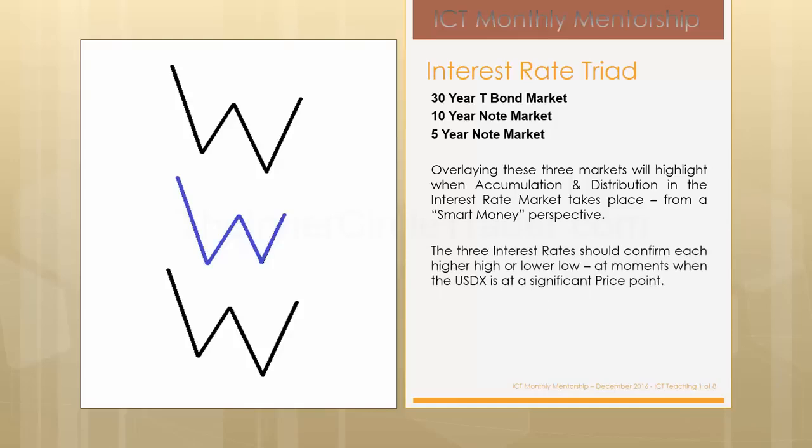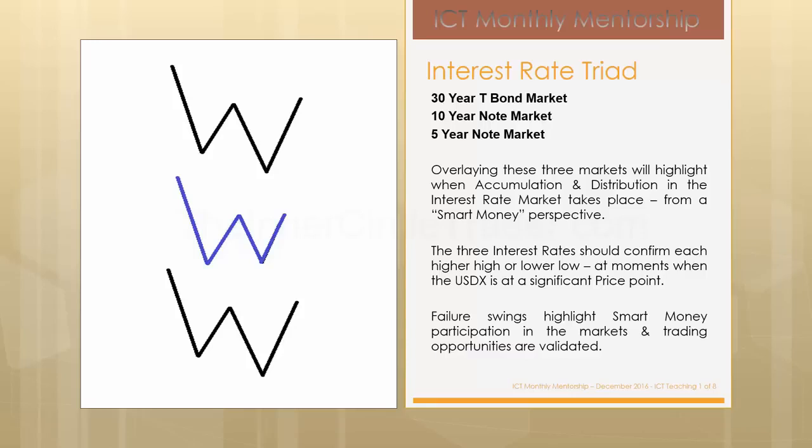The three interest rates should confirm each higher high or lower low at moments when the US dollar index is at a significant price point. Failure swings highlight smart money participation in the markets, and trading opportunities are validated. For instance, let's look at the top. We see this graphic depiction.